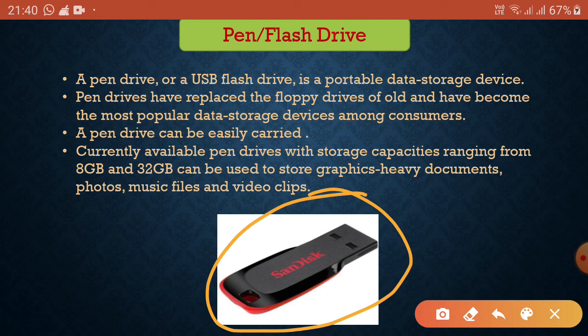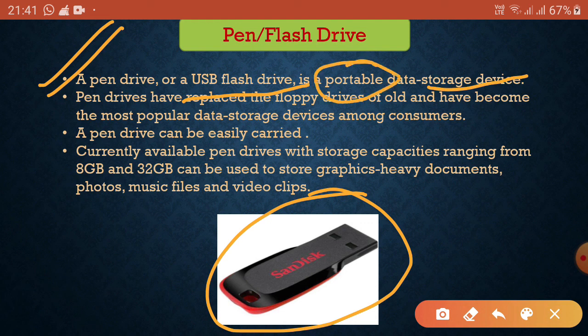It is very much handy to carry. So a pen drive or USB flash drive is a portable data storage device. Portable means we can carry it. Data storage device means we can store data in this device.